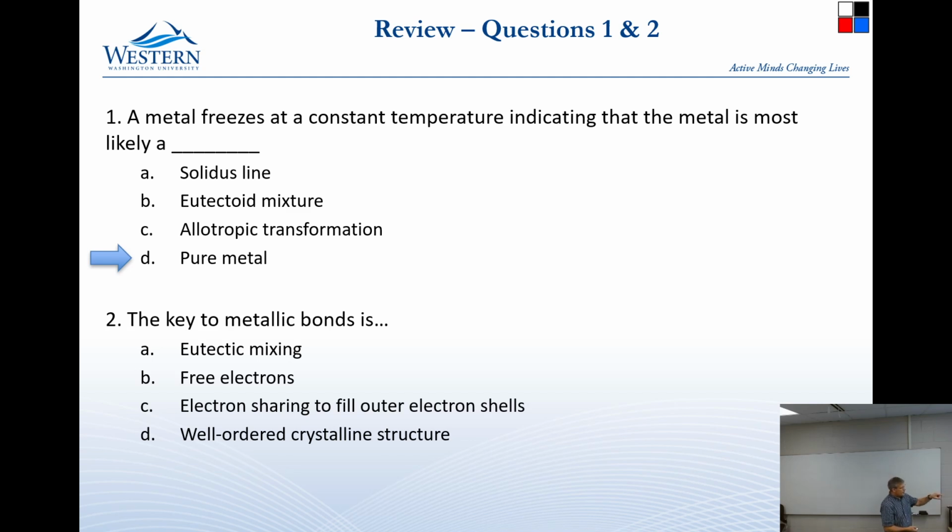And that is because well-ordered crystalline structure is key to metallic bonds, but it's also key to other things. So it's not unique having a well-ordered crystalline structure. But free electrons are unique, and they are going to become very important later in the course because they allow us to take the material and mush it into a completely different shape and have it still be a metal, not come apart.